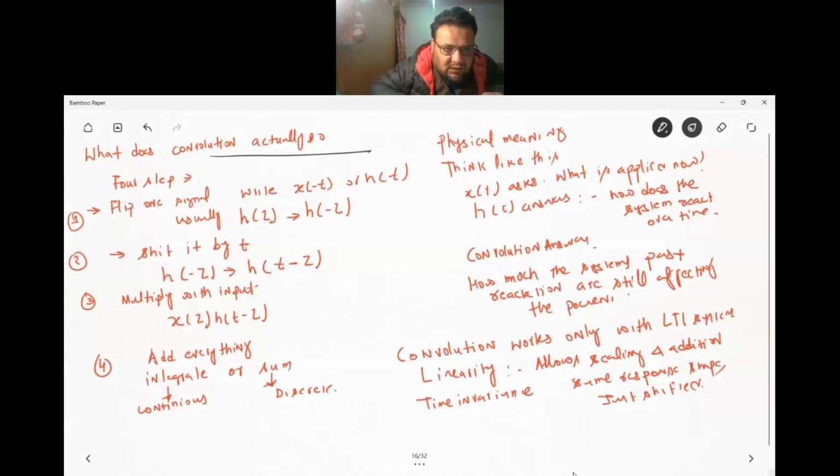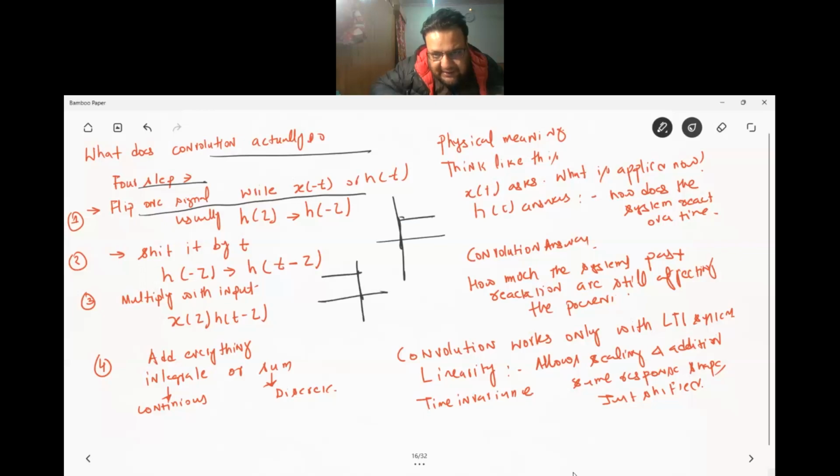Now, what does convolution actually do? Four steps, basically. If you are asked diagrammatically, I'll show this in the next class. Flip one signal, write x of minus t. If x of t is like this, x of minus t would be vice versa. It would be symmetric around the y-axis. There is a difference between x of minus t and minus x of t.